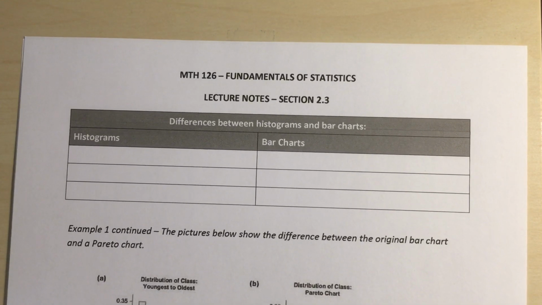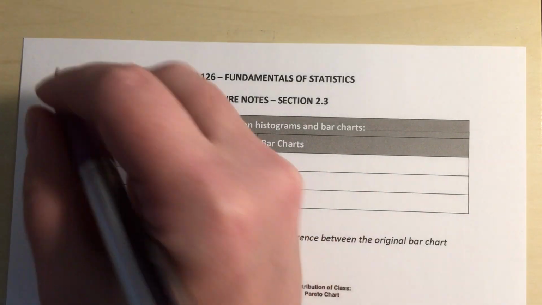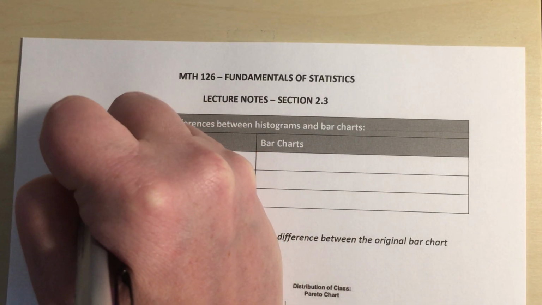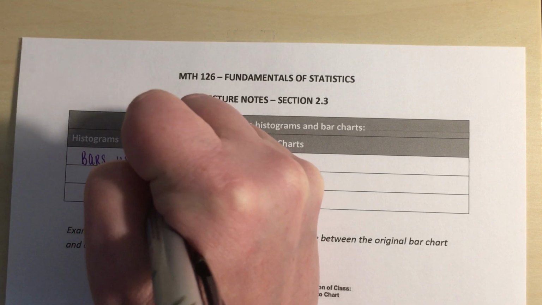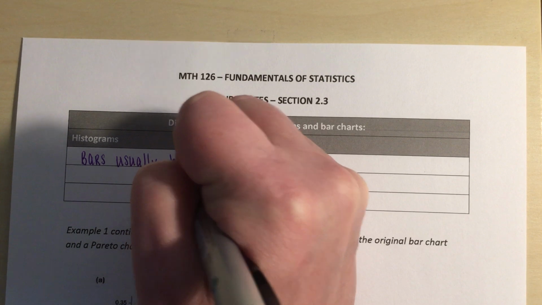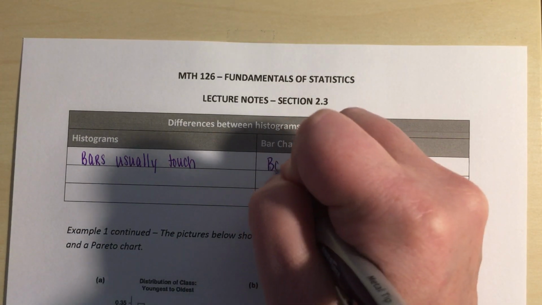All right, so we're going to take this information and put it into a nice handy dandy chart. Our differences between histograms and bar charts: in histograms, bars usually touch, whereas in bar charts, bars do not touch.